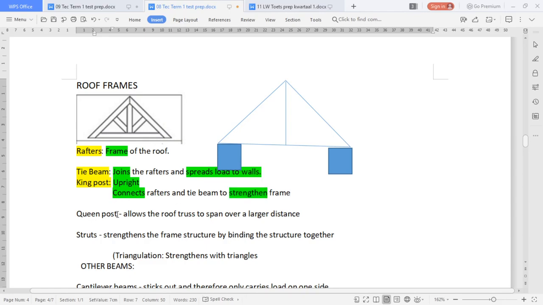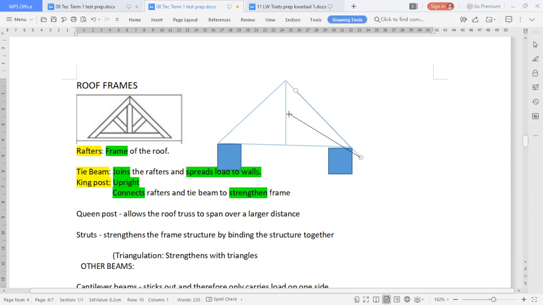Right, now we've got a queen post. So let me first insert a truss here. Yeah, let's talk about struts first.